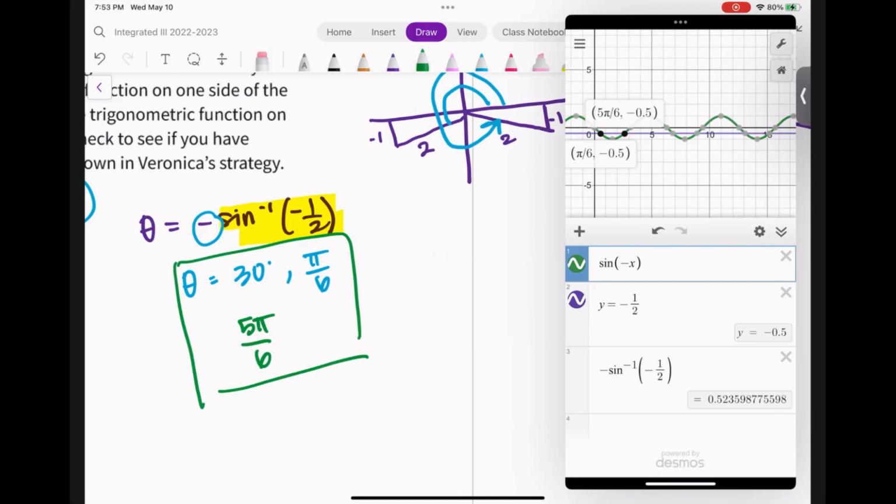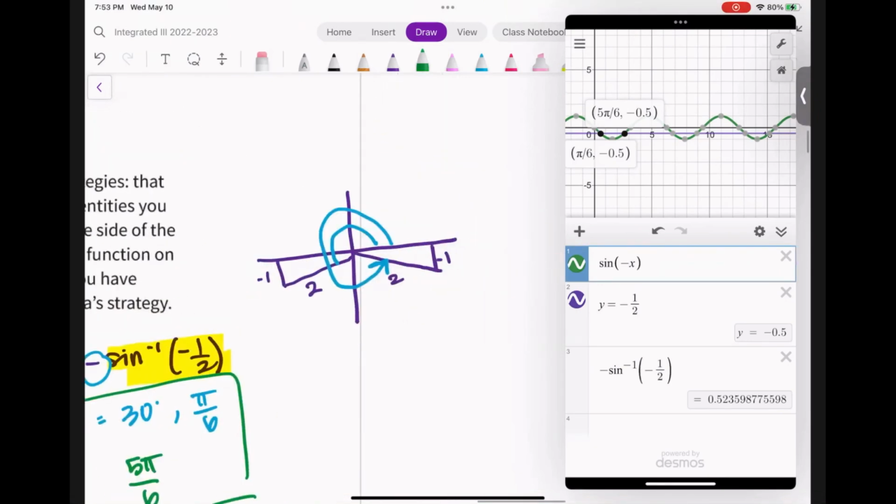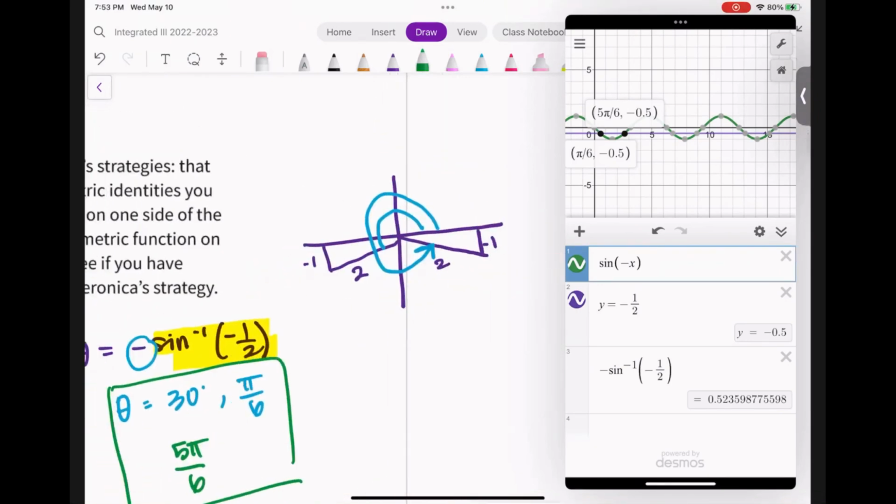Now, if some of you are wondering, okay, Ms. Johnson, what were you going to do here with this thing? Because our answers were these two answers here, and then you took the negatives of those, right? The negatives of those are actually these two. So this guy would be 7 pi over 6.